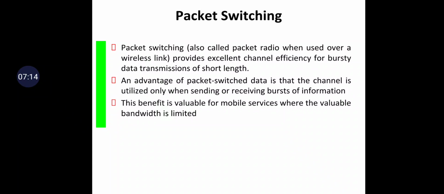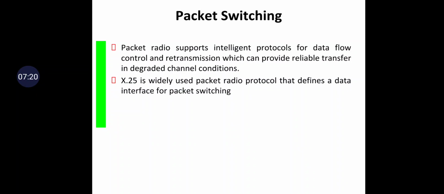This benefit is valuable for mobile services where the valuable bandwidth is limited. So this packet radio supports intelligent protocols for data flow control and retransmission, which can provide reliable transfer in degraded channel conditions. X.25 is a widely used packet radio protocol that defines a data interface for packet switching.